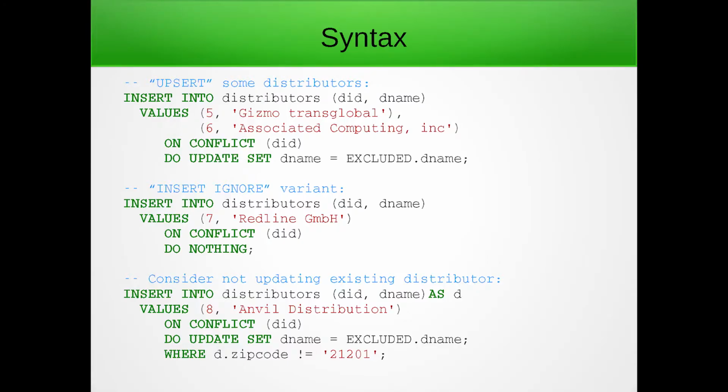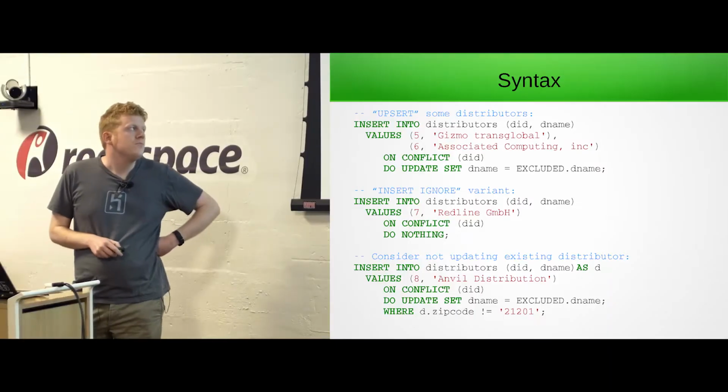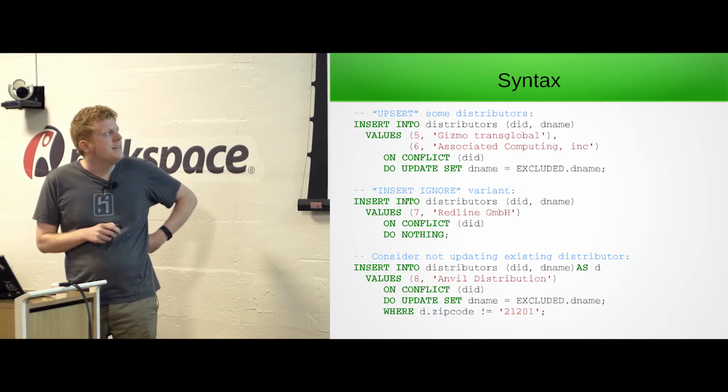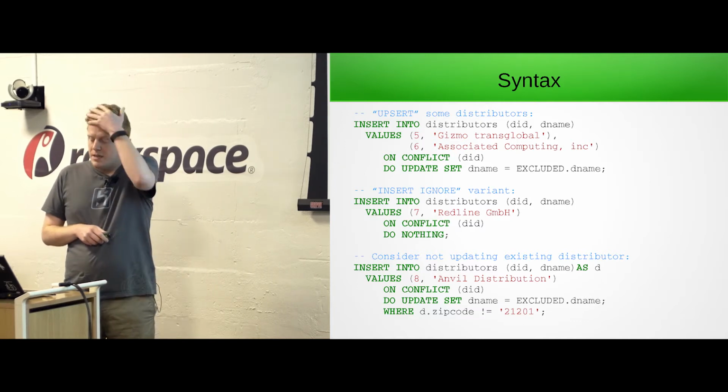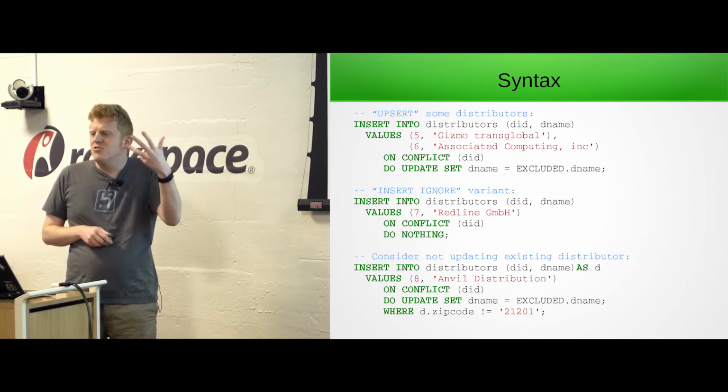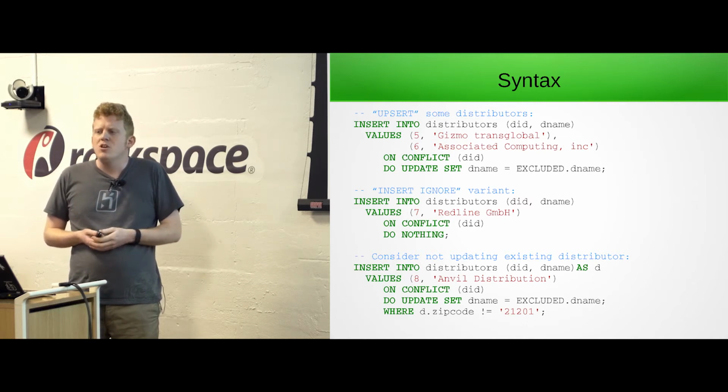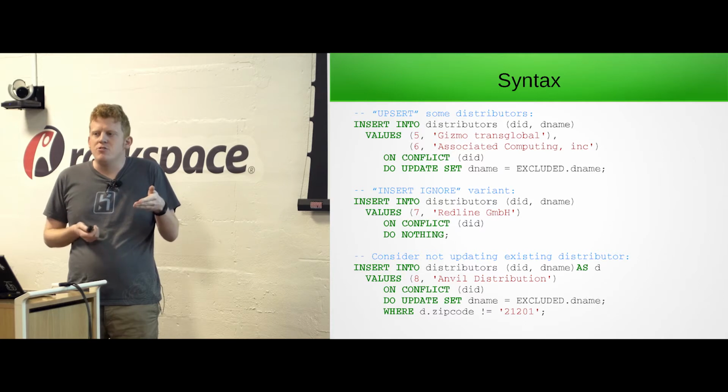I also want to call out something that I call the inference specification, which is this highlighted thing here. This is something that allows the system to figure out what unique index you might intend to take the update path on. So it's necessary to know with some certainty what you're going to take the update path on for each row.